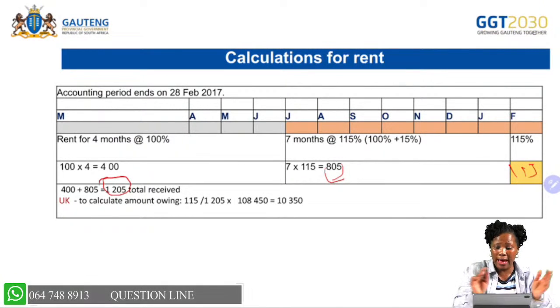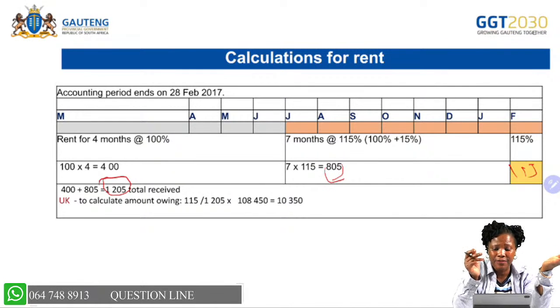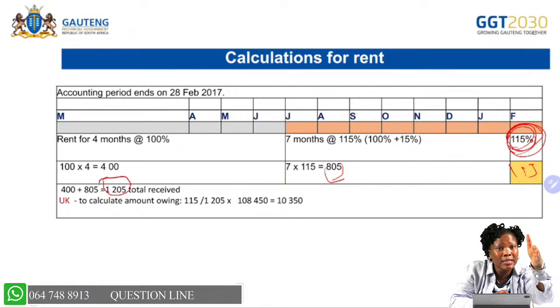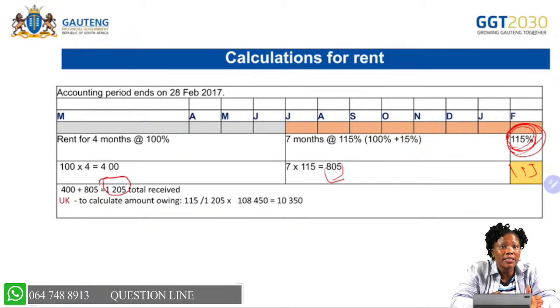And then from there, we will say rent for 1 month has not been received. We take 115. Remember, we have 115. We're expecting to receive it at 15% plus 100, which is 115. Then our calculation is going to be 115 divided by 1205. Remember, I said to you that 1205 will exclude the calculation for 115 because that is the rent that we have not received.